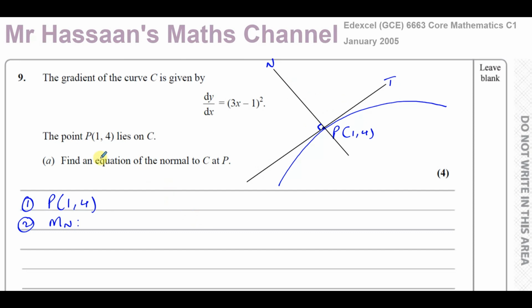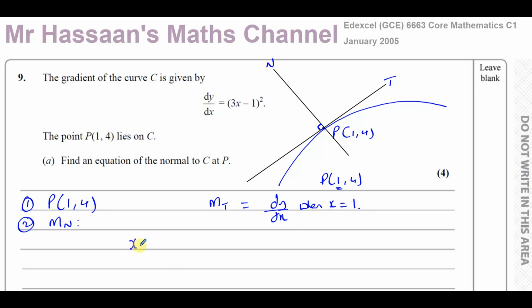As the point P is where the tangent has the same gradient as the curve, the gradient of the tangent is given by the value of dy/dx when x equals 1 at the point P.